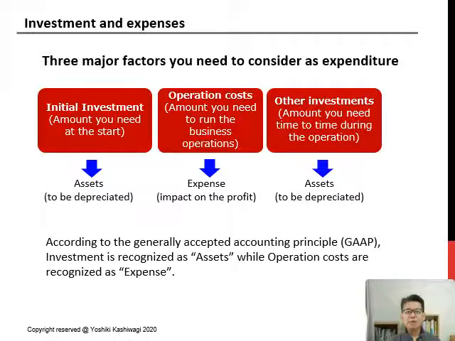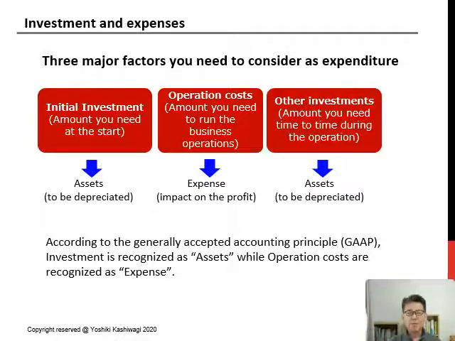If you buy, let's say, a new machine, this is an investment, not an expense, because you keep this machine for the coming years as an asset. So the amount you paid for buying this asset or machine will be recognized as an asset on your balance sheet.